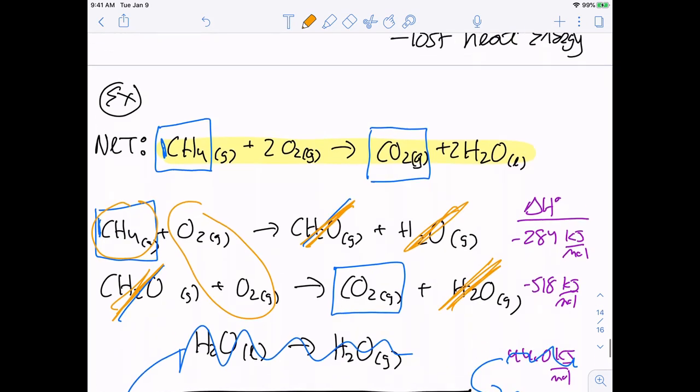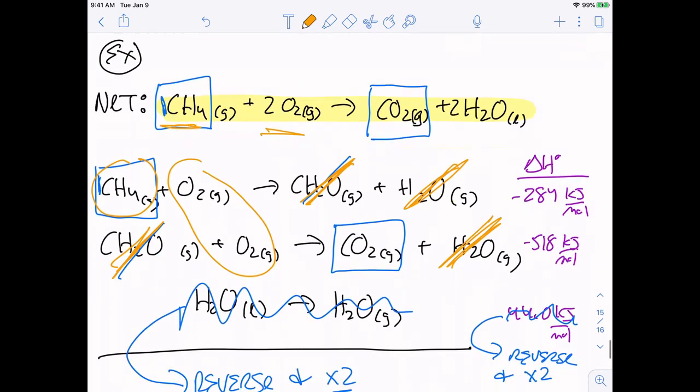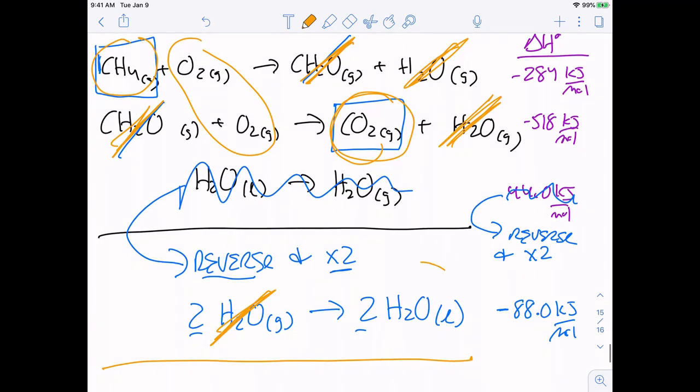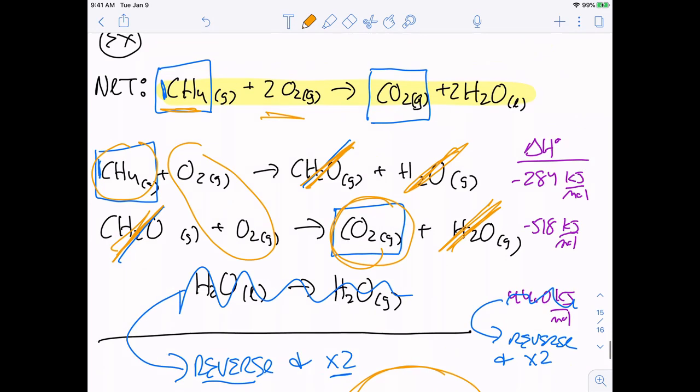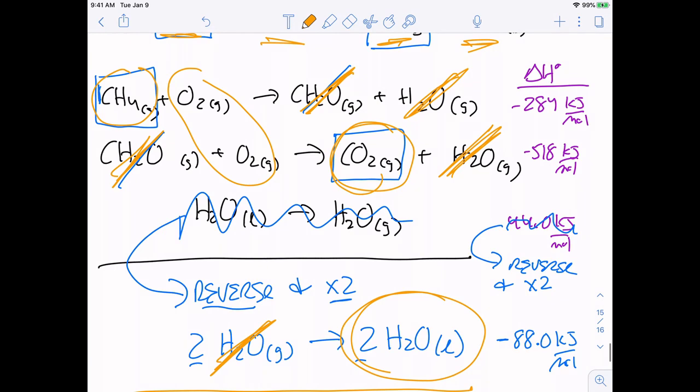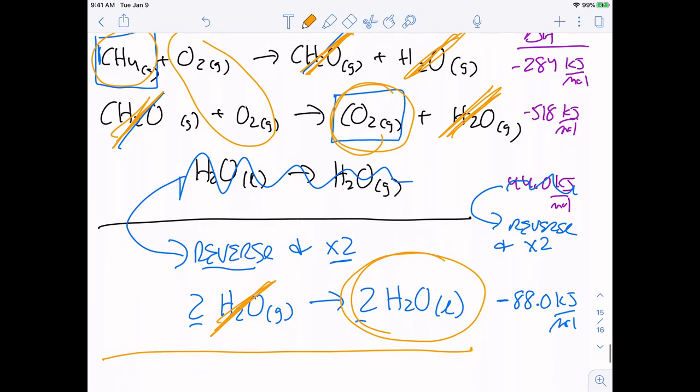So if I go up and look at my net, I have methane and 2 oxygen. On my product side, I have carbon dioxide, and I have 2 water liquid. Here I have carbon dioxide and 2 water liquid. So by taking my last reaction step, reversing it, multiplying it by 2, when I add them together, they now match the net equation. Again, I need to do that to my enthalpy change, however.